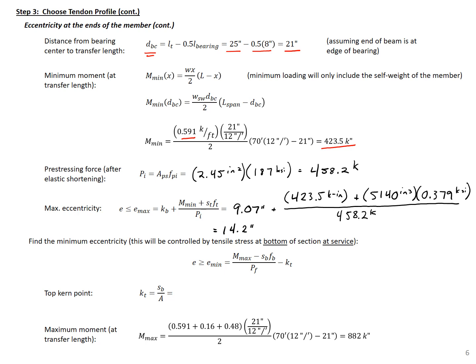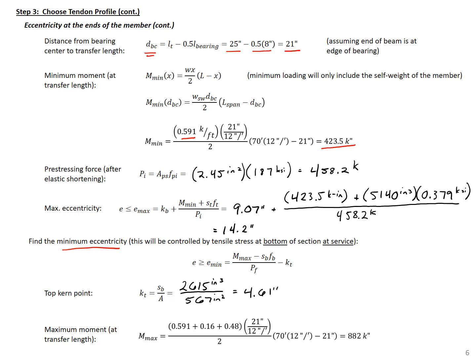So we can then do the same thing with our minimum eccentricity, using our kern point analysis for minimum eccentricity at the end. With this, we can find our top kern point, S_B divided by A, so 2,615 inches to the third, divided by our area, 567 square inches, which will give us a k_t here of 4.61 inches.